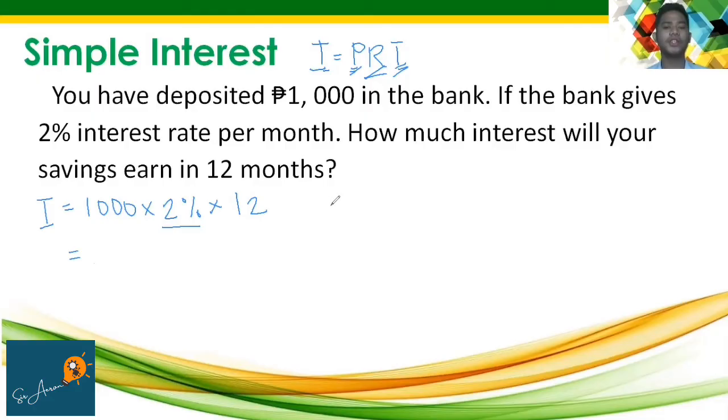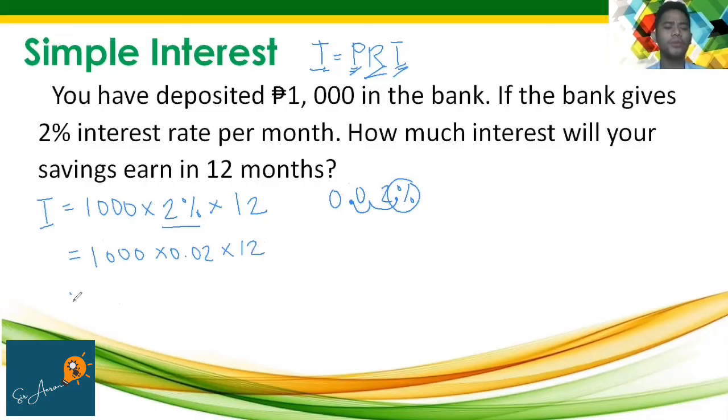Okay, gagawin natin siyang decimal. So yung 2%, para siya ay maging decimals yung percent sign o kaya yung decimal point, i-move natin ng dalawang beses. Okay, nandun na yung decimal point, yung 0. A-add natin doon sa mga spaces. So i-rewrite lang uli natin, 1,000 times 0.02 times 12.